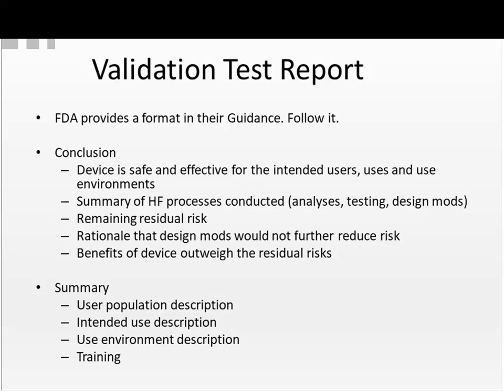You're going to discuss in detail the remaining residual risk. Be careful to give enough detail about that. You're going to discuss your rationale that design modifications would not further reduce risk. You're going to discuss, if it's appropriate, the risk-benefit analysis.